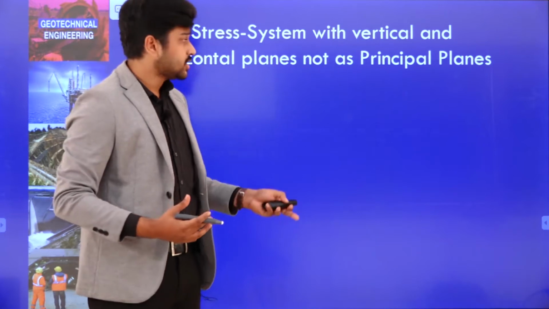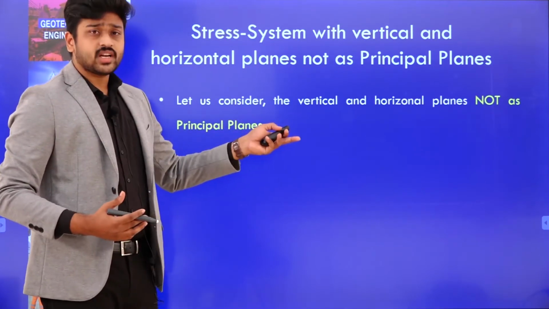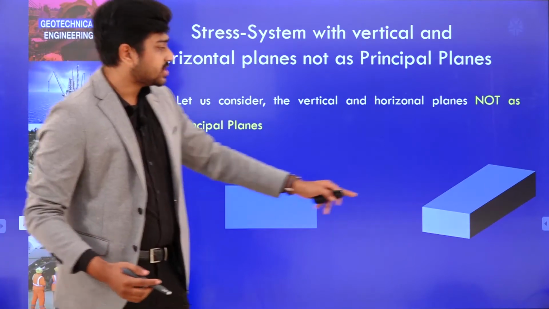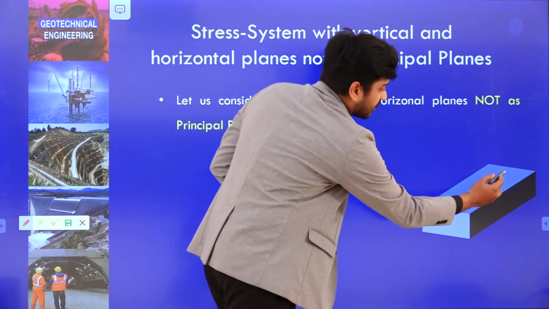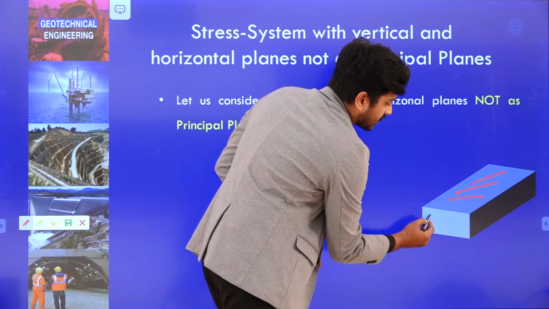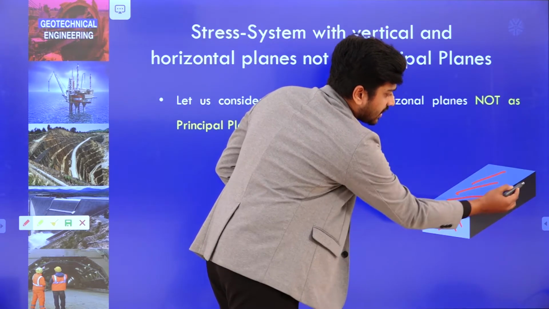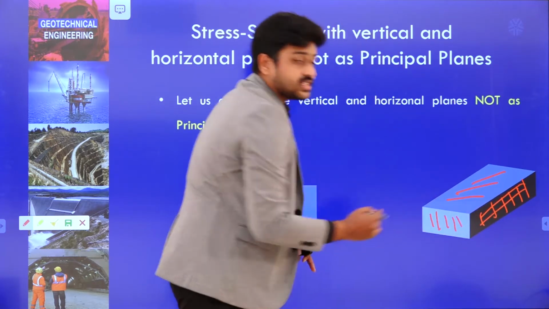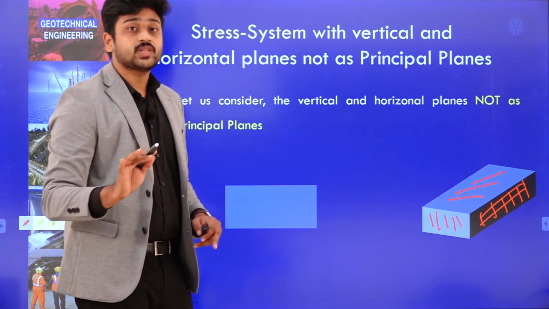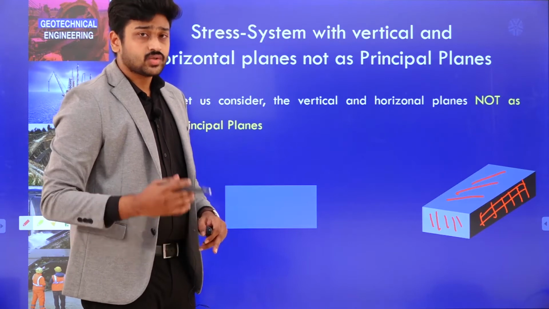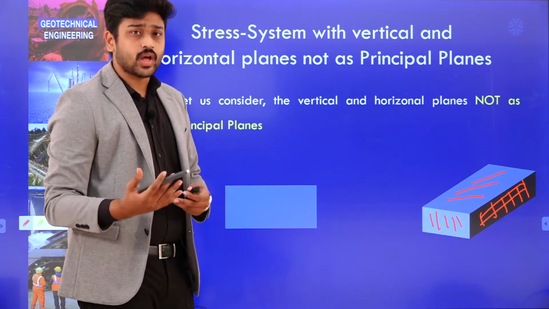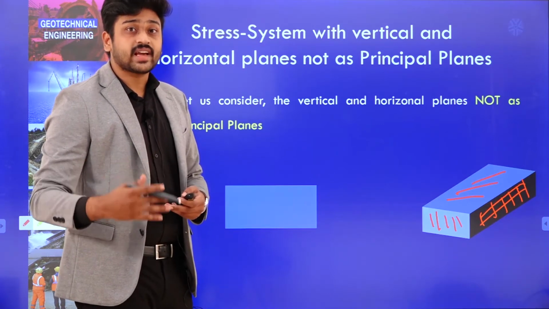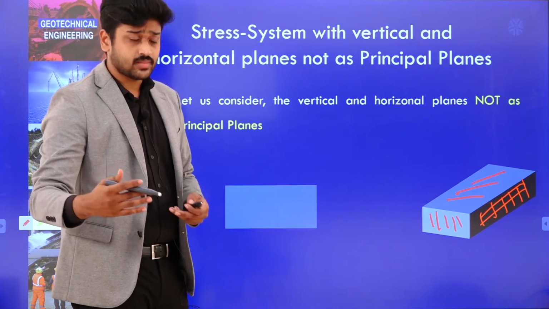In this diagram of a three-dimensional body, surface 1, surface 2 and surface 3 are not principal planes, unlike the previous case. We consider a two-dimensional system instead of a three-dimensional body, as we neglect the intermediate stresses.